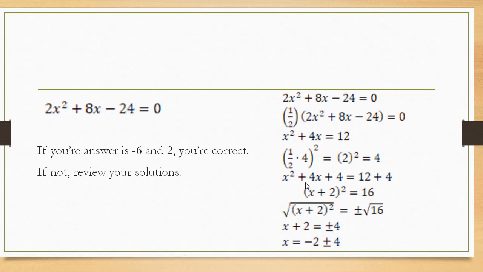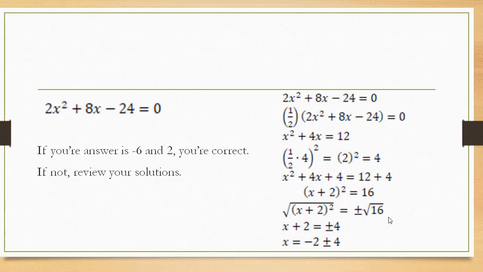And then your x squared plus 4x plus 4 is a perfect square trinomial. So we make it the square of a binomial. So it becomes x plus 2 squared is equal to 16. So, what's next? Square root both sides. So, the square root of x plus 2 squared is equal to positive negative square root of 16.